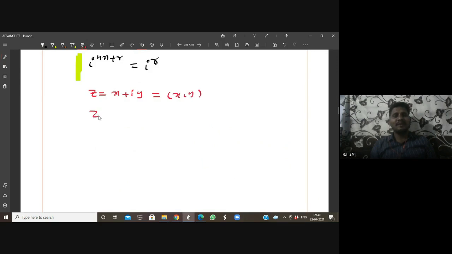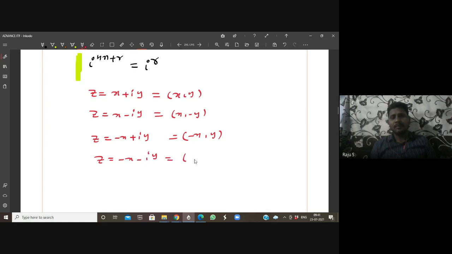Z equal to x minus iota y can be written as x comma minus y. Z equal to minus x plus iota y is minus x comma y. Z equal to minus x minus iota y can be represented as minus x comma minus y.